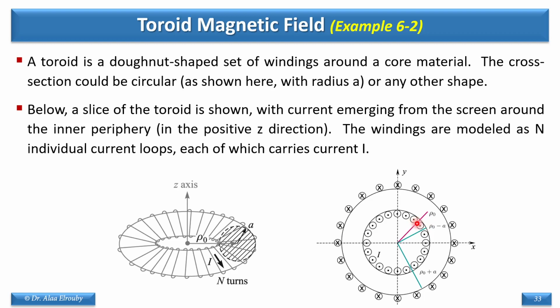Here the current is going out from the inner side and in from the outer side, so the magnetic field will be rotating according to the right hand rule in the direction of the current, so the magnetic field is rotating counterclockwise. Now we need to find the solution for the magnetic field inside the toroid.